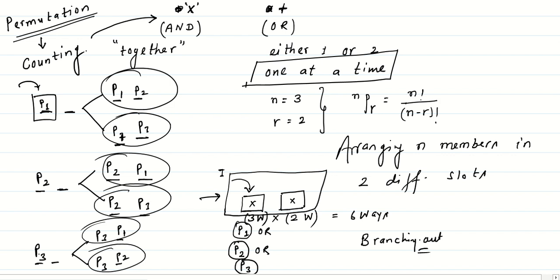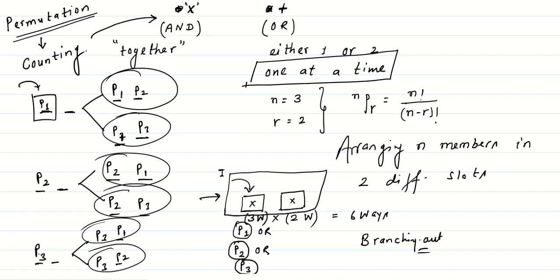If P1 occupies the first slot, for the second slot we have two different ways. If P2 occupies the first slot, again two ways. If P3 occupies the first slot, again two ways. That is called branching out.